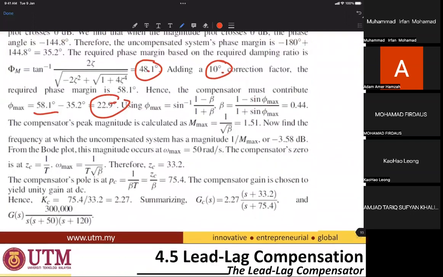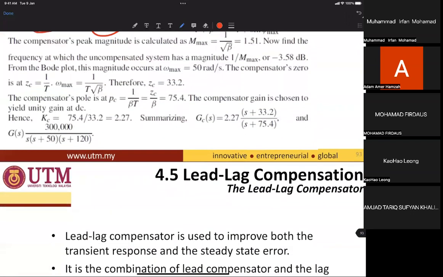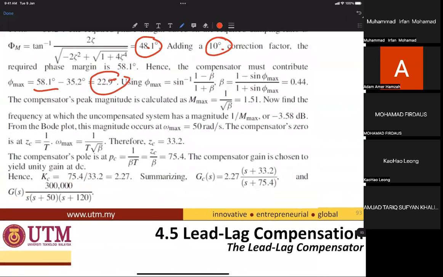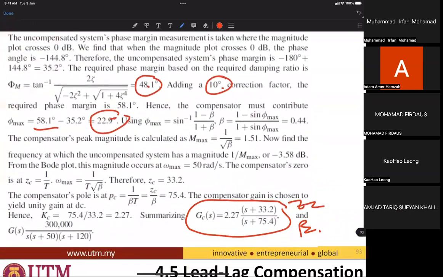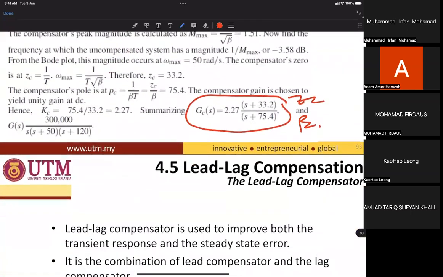More or less you get the answer 2.27 s plus 33.2, Zc and Pc. So you use the graph that I gave to find the suitable solutions.